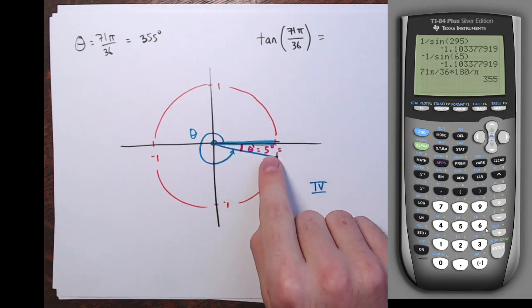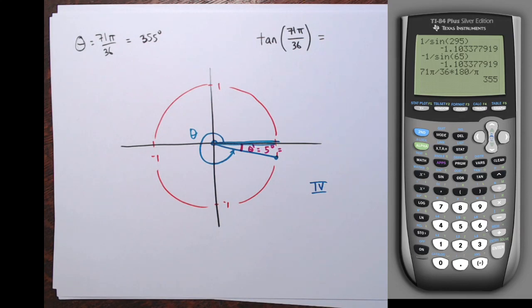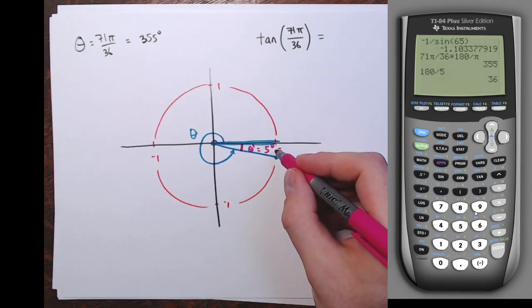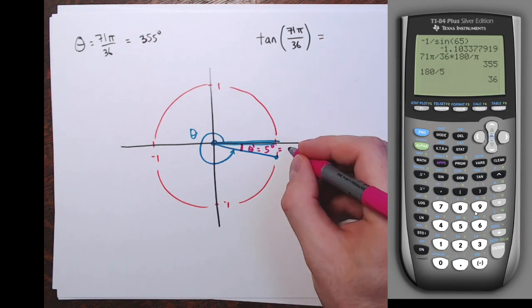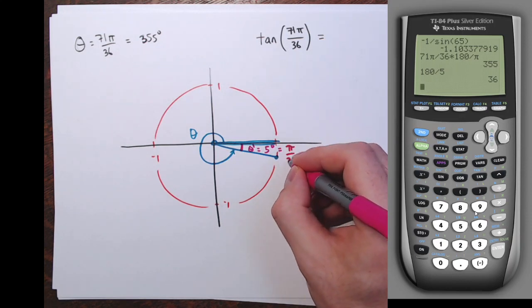You can take 5 degrees, multiply it by pi over 180, and then simplify. Now I'm just going to do 5 over 180. Basically, how many times is 5 going into 180? I'm just doing it on the calculator. I probably should already be able to tell you this, but it's pi over 36 then. If I multiply this by pi over 180, 5 goes into 180 36 times, so you'd have pi over 36.